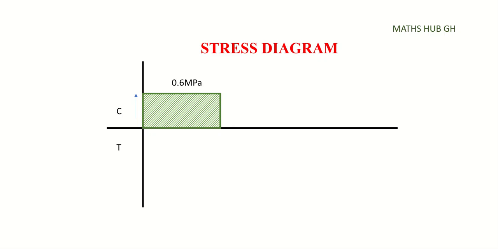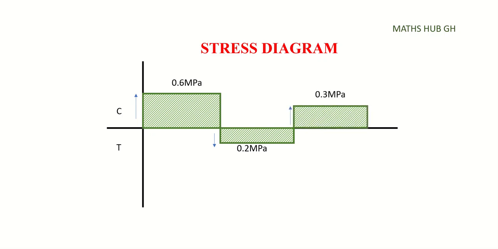The stress at cross section C was 0.573, but I rounded it to 0.6, so we have 0.6 megapascal here, going to the compression side. Then from there we have the tension, which is 0.191, but I rounded it to 0.2. Then we have another compression, which was 0.318, and I'll round that to 0.3. So this will be the stress diagram for the question.